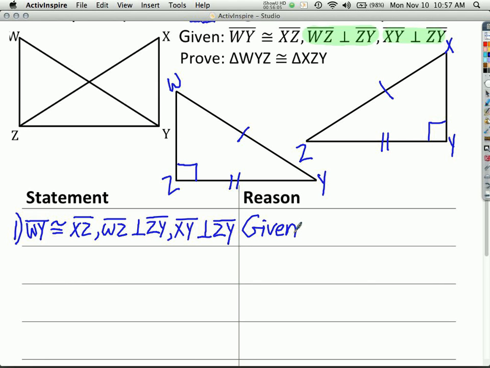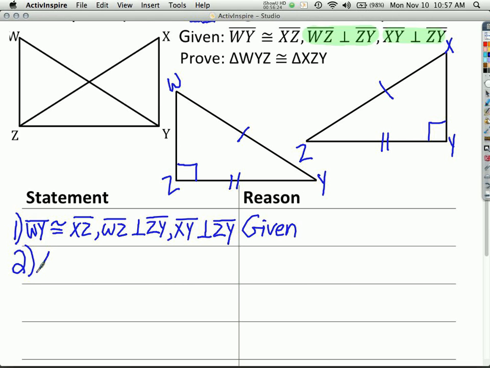So that's one piece of evidence right there. That's done. I would lump together the two 90-degree angles into one statement just for efficiency.